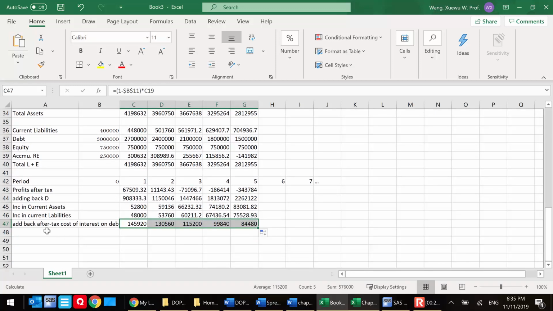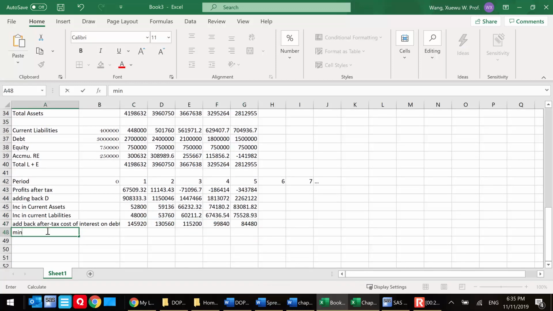Okay. All right. So let's look at minus, or I should just say subtract interest on cash. All right. So I'm going to do again after tax basis.